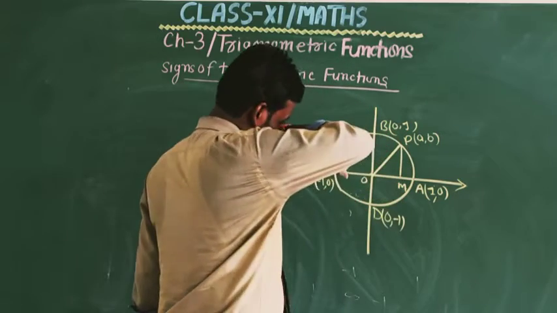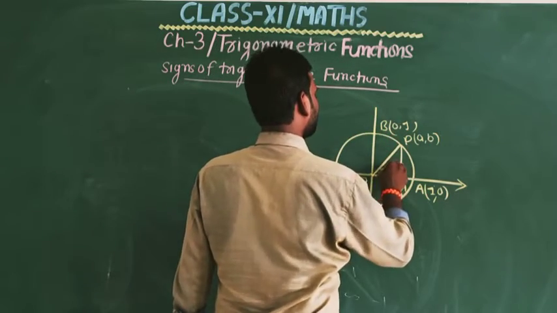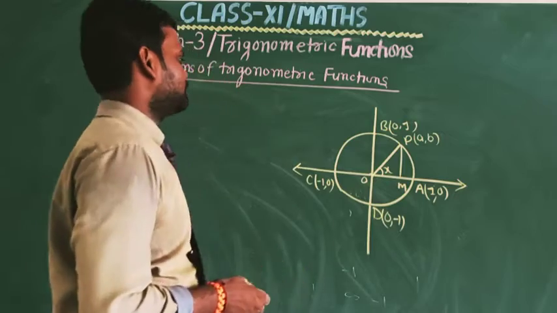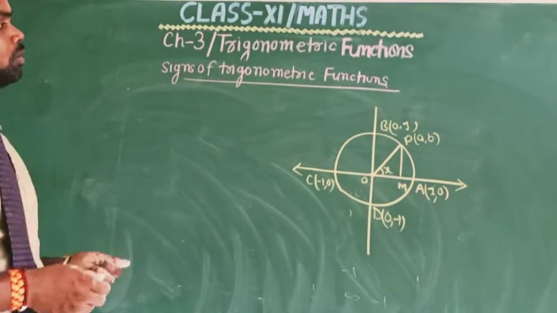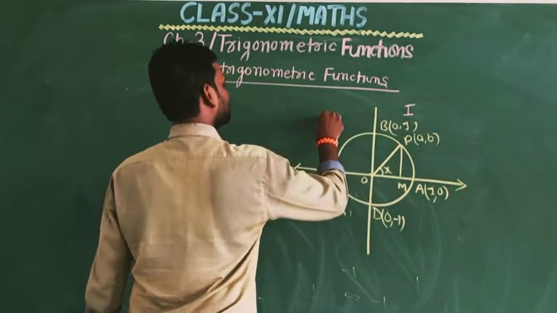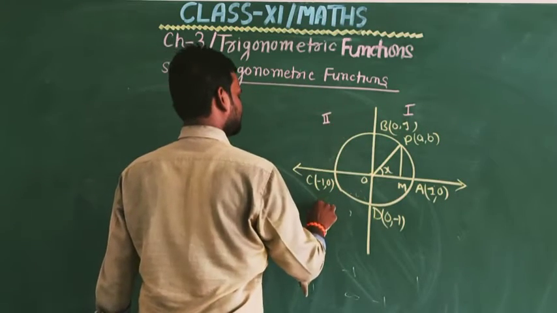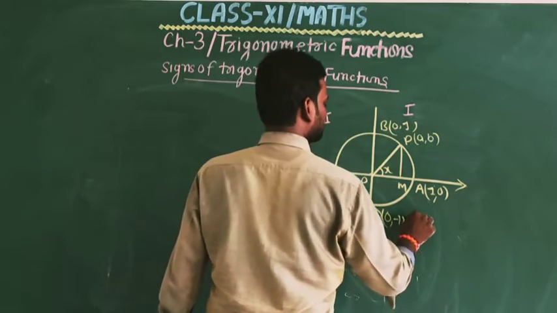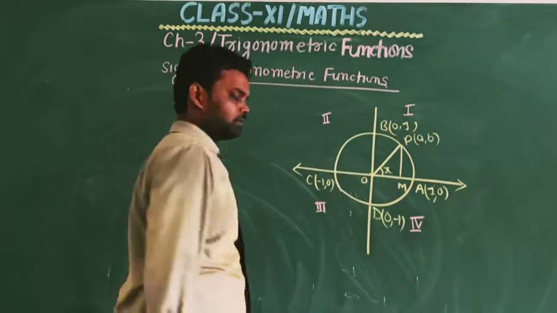Okay, and here the central angle is X. So dear children, as we know, this is first quadrant, this is second quadrant, this is third quadrant, and this is fourth quadrant. Clear?